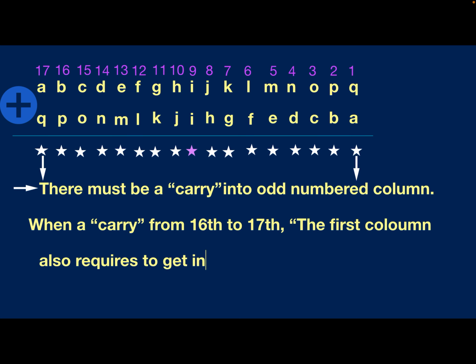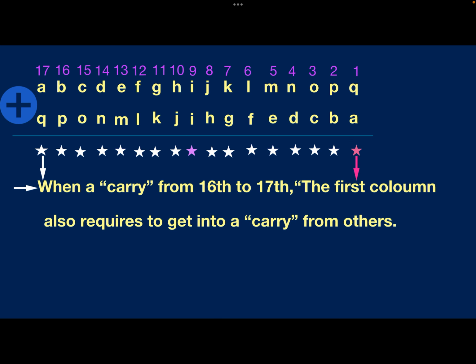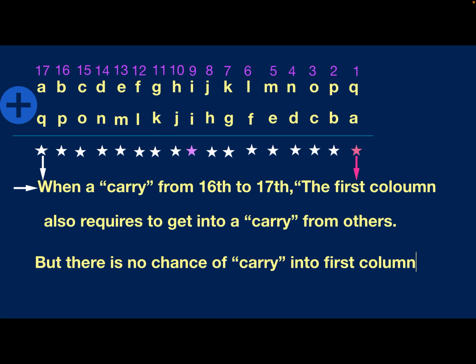The first column also requires a carry, but the first column did not get any carry. There is no chance of any carry into the first column. So it is a contradiction. According to our assumption, we face this contradiction, because according to the 17th column, the first column also requires a carry, but the first column has nothing to get this carry.